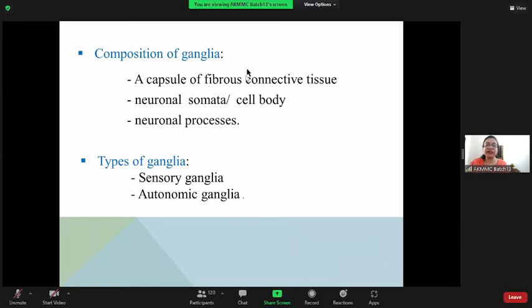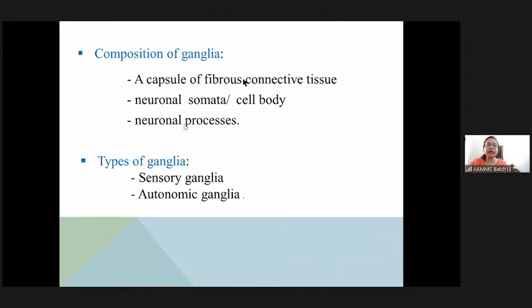That covering is known as capsule. So what is the composition of ganglia? Neural processes and capsule, which is formed by connective tissue.